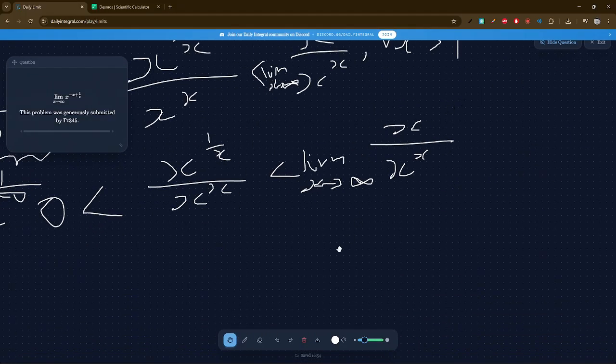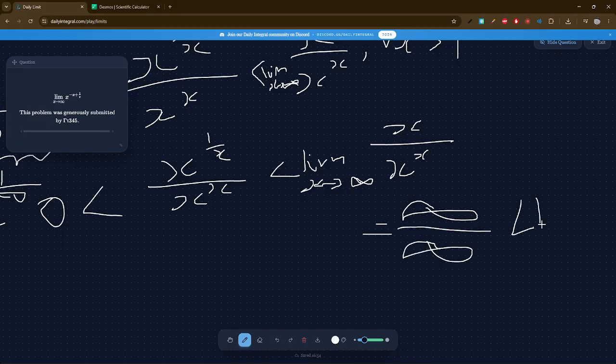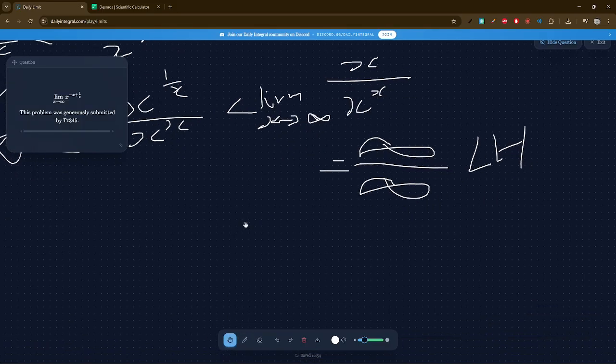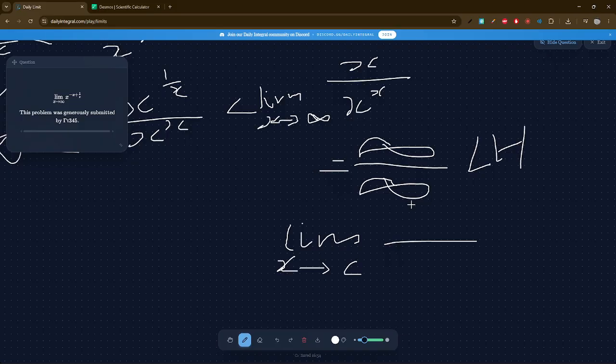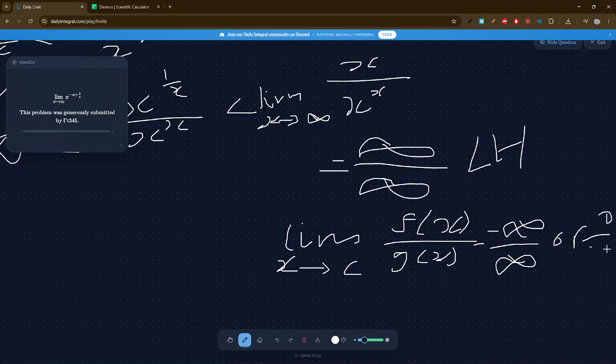What you can do for this one is, since they're both going to infinity, it's infinity over infinity, and you can apply L'Hopital's rule, which states that if you have a limit as x approaches some constant of f of x over g of x, that gives the value infinity over infinity or 0 over 0, you can take the derivative of the top and the bottom to get maybe a value.